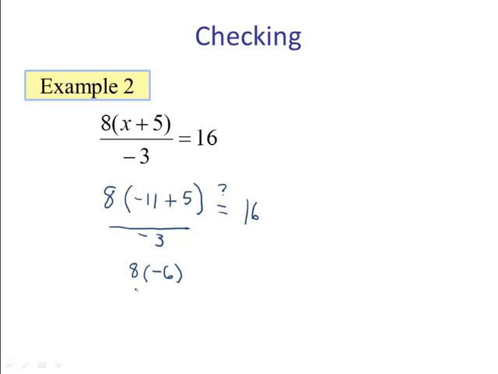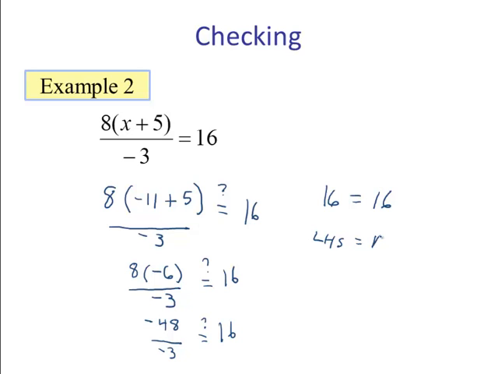That's being multiplied by 8, then divided by negative 3. Next we multiply. 8 times negative 6 is negative 48, divided by negative 3. Negative 48 divided by negative 3 is 16, and the left hand side equals the right hand side, so it checks.